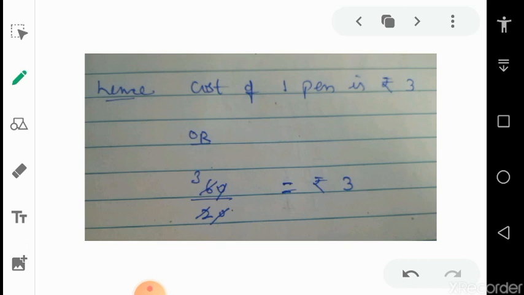As you can see, the 0 can be cancelled out because 0 stands for 10, and 6 also can be divided by 2, as it is 3. So ultimately we found that the cost of 1 pen is rupees 3.